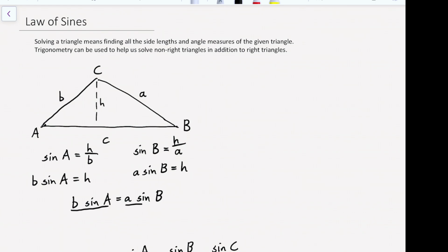And if I take both sides of the equation and divide by ab, I get the following relationship.